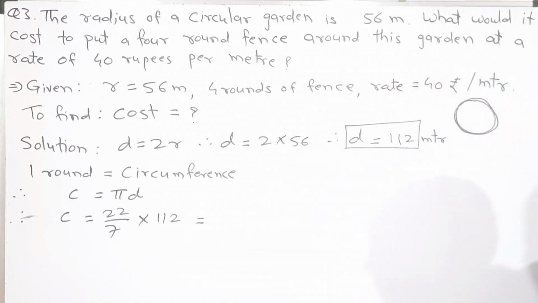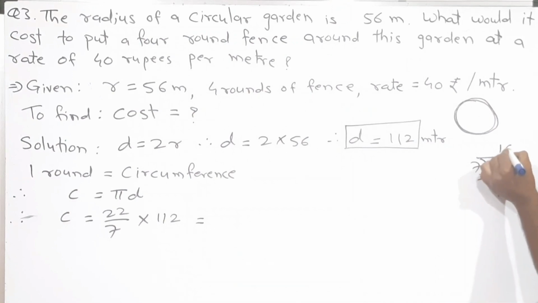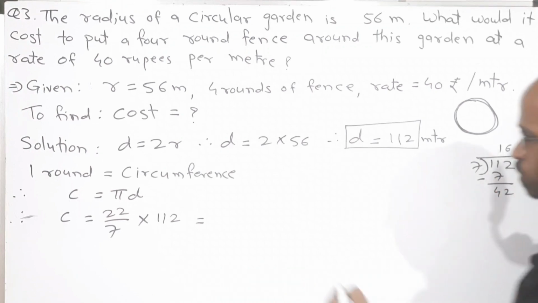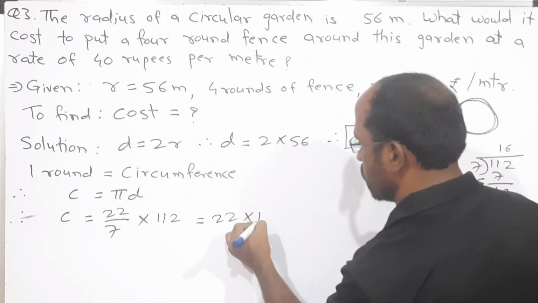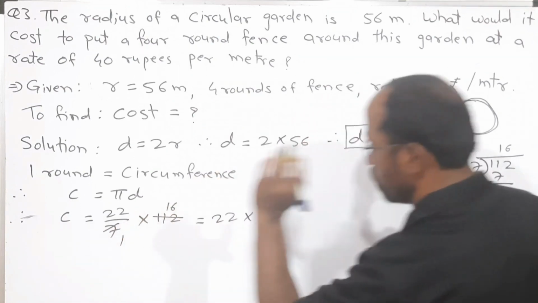Let's try to divide it by 7. 112 divided by 7. 7 1 the 7, 4 is the remainder 42. 7 6 are 42. So it's divisible. Division is 16. So C is equal to 22 multiplied by 16. 7 1 the 7. 16 into 7 is 112.